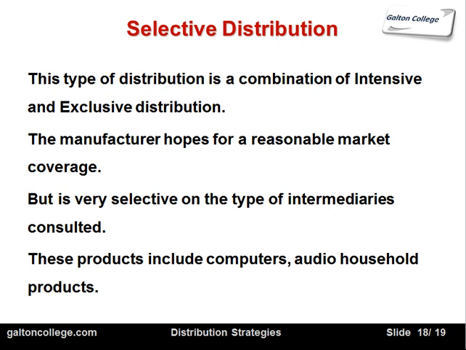And finally, selective, which is more wide-ranging, but at the same time brand image and branding are important, so that the product is more widely available, but it's still recognized as a particular brand image. And the example we talked about was computers.